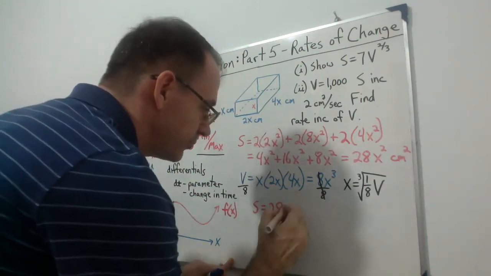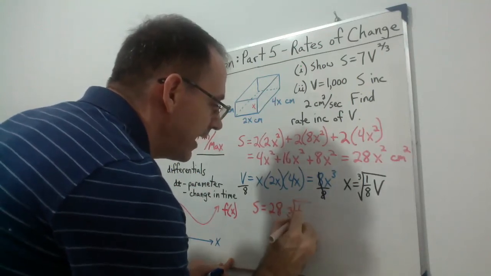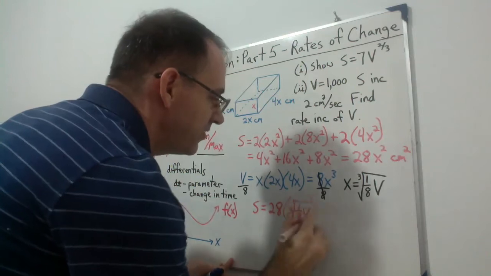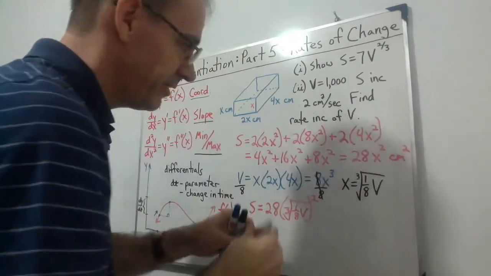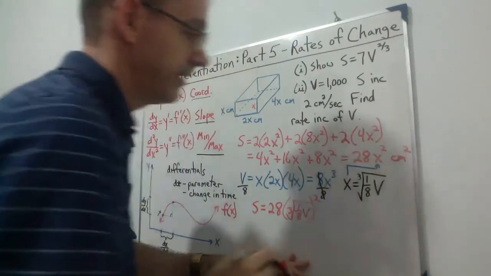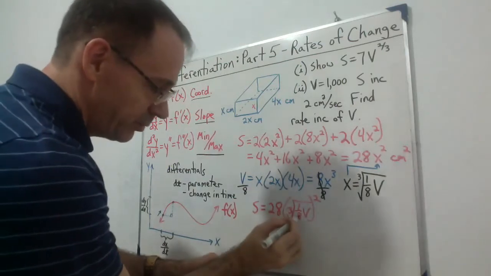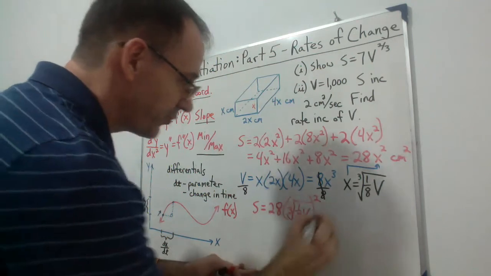Let's get the cube root in there. The cube root of 1/8 v, and this is squared. Okay, so we're plugging this x into here. So the cube root of 8 is 2, squared is 4.